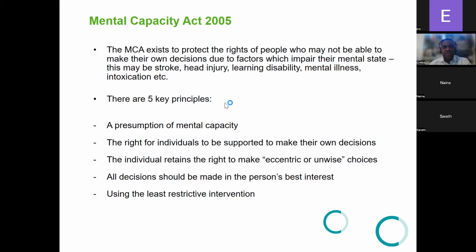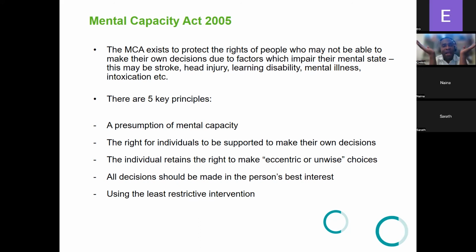Okay. So the least restrictive. Let me explain the key words there. The least shouldn't be the highest. The least restrictive. Now, people who come under the Mental Capacity Act, for example, people with learning disability, or people who have had a stroke, or people who fall under any of these categories.